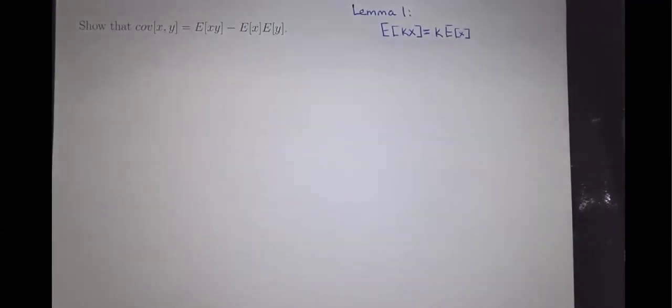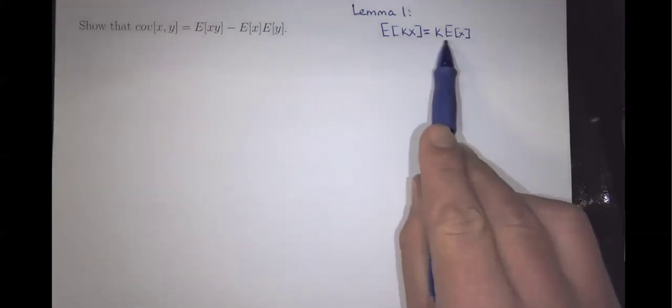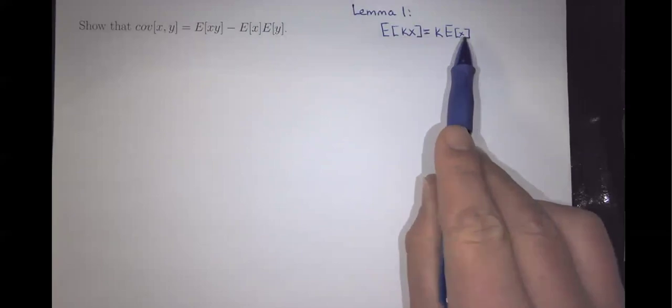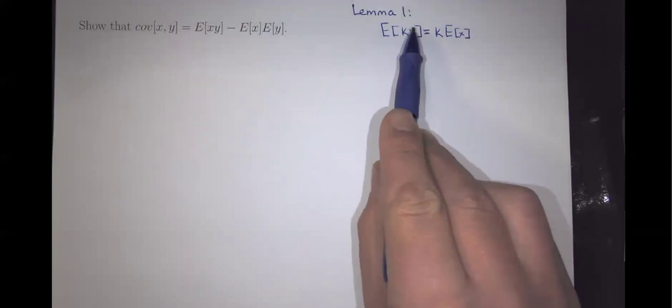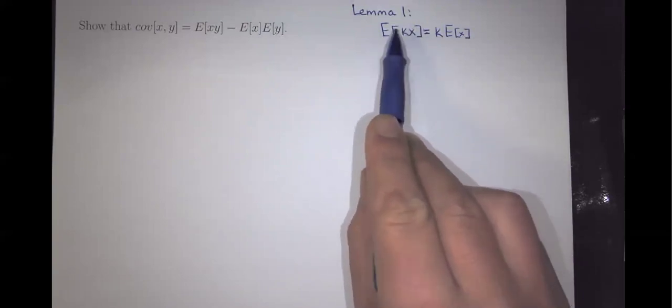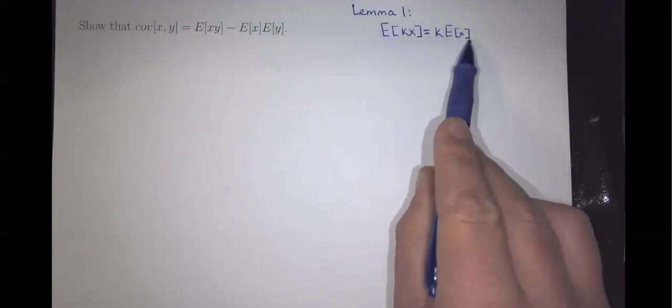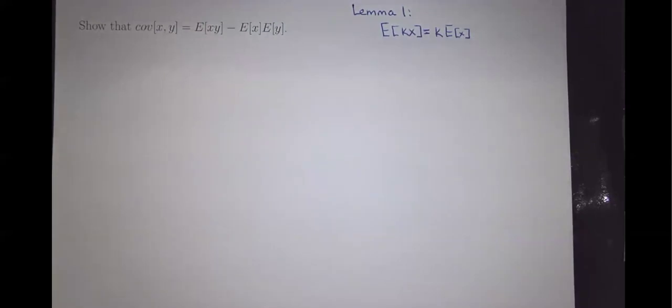So what this means, and you can prove this if you'd like, is that if we know what the expected value for a particular set of data is, then scaling that data, multiplying each data point by 1,000 or dividing it by 3 or whatever, keeps the same expected value, just scaled by that amount. And that makes a lot of sense if you think about it in terms of data.